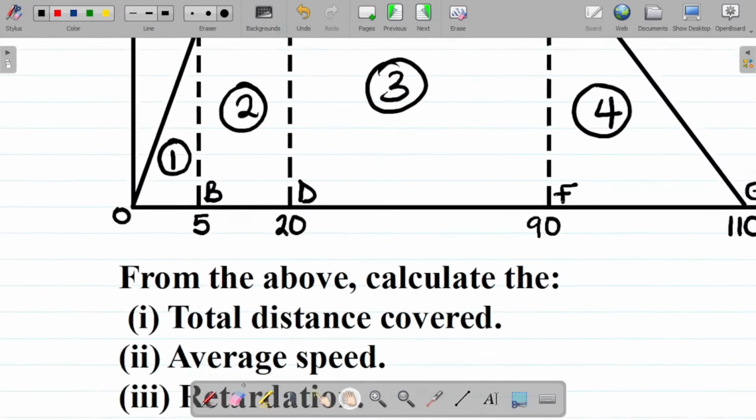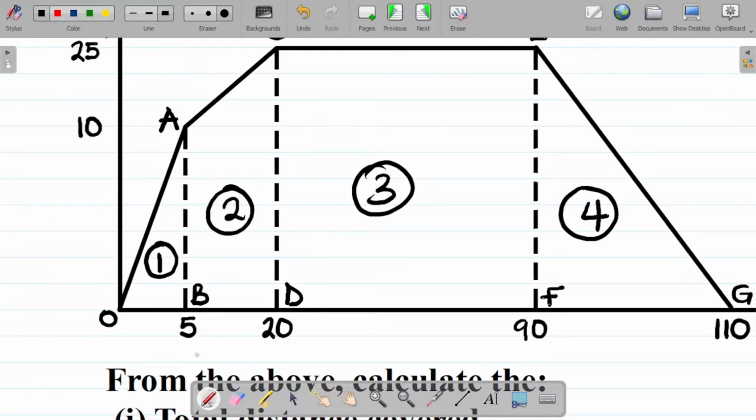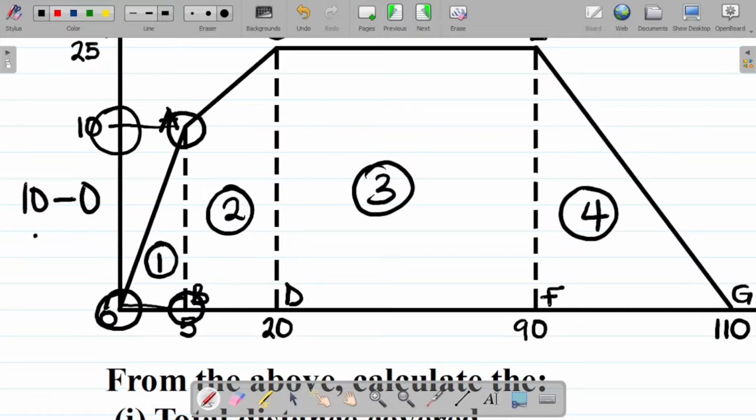Now for section 1, the triangle starts from this point here and ends at this point here. To get the height, simply trace this value to the vertical axis. If I trace it to the vertical axis, I have here as 0. Trace this to the vertical axis, I have here as 10. So the height becomes 10 minus 0, which is equal to 10. So the height of this triangle for section 1 is 10.